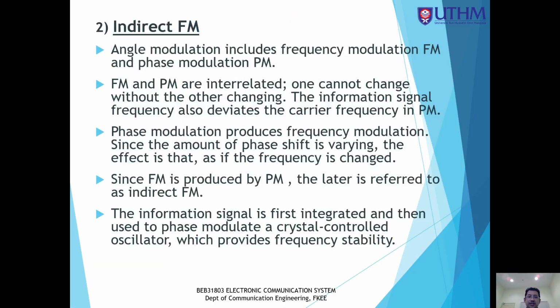Then we have another one, which we call indirect FM. Indirect FM means that we produce phase modulation first, so we are indirectly doing the process of FM. How do we do that?